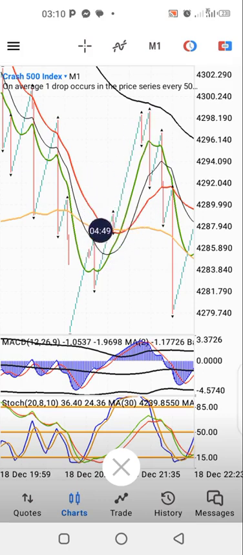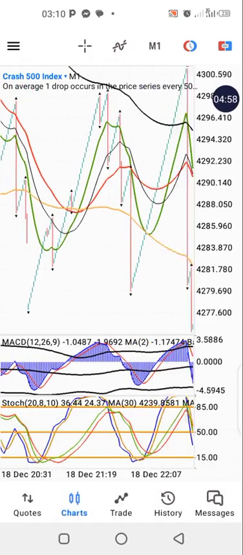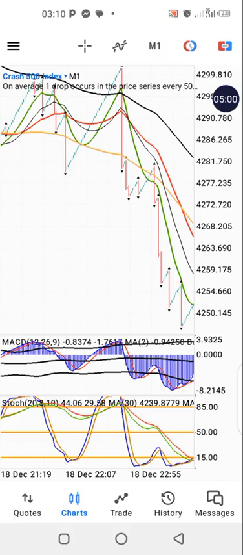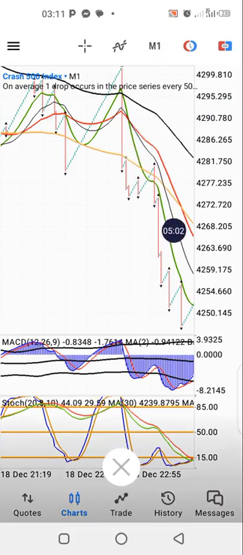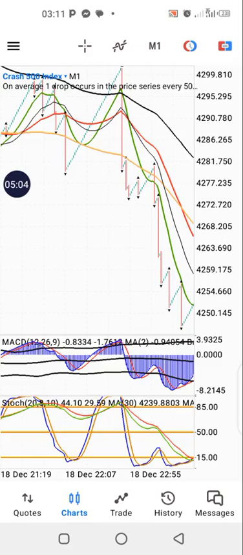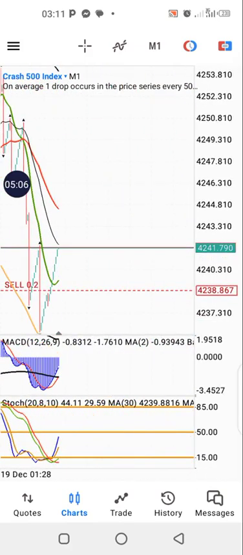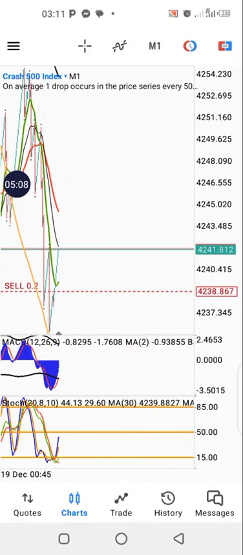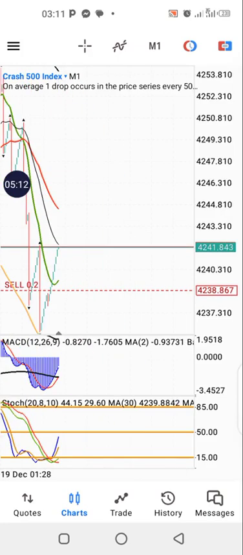Whenever the green moving average has crossed to the top, you are going to be buying. Whenever the green moving average has crossed to the bottom, you are going to be selling. So that is how simple this strategy is. That is exactly how it works.